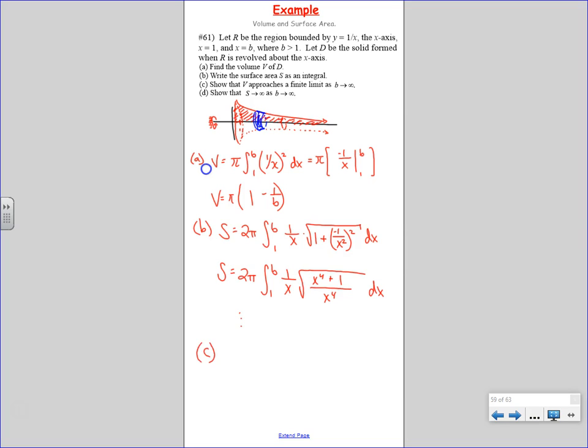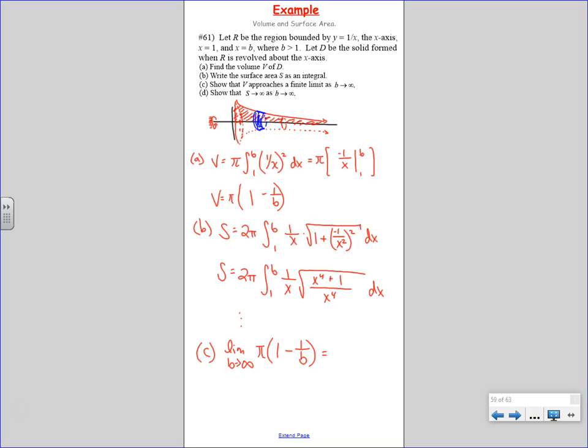For letter C, when it says as b approaches infinity, we can just say the limit as b approaches infinity of pi times 1 minus 1 over b, which is the volume.